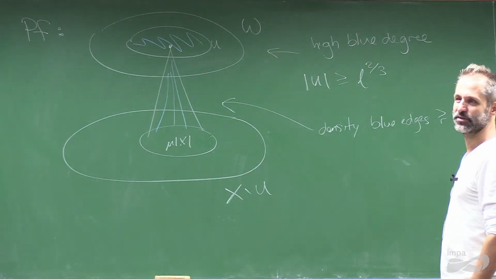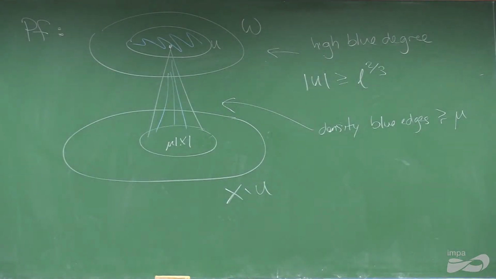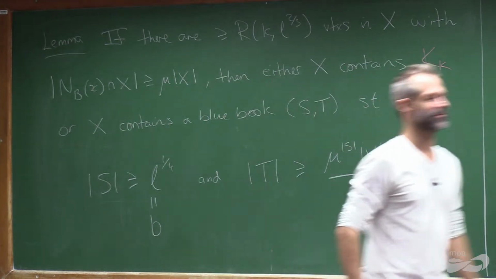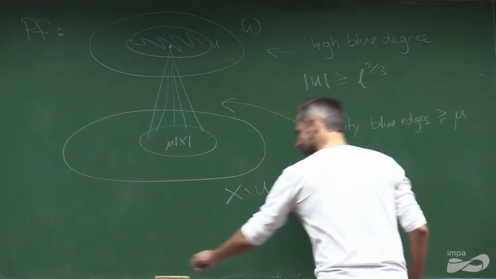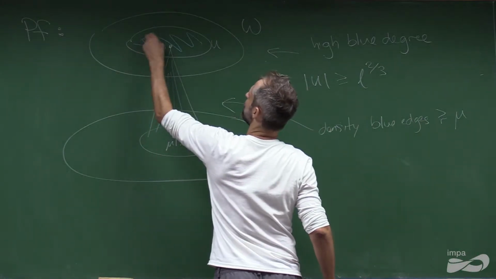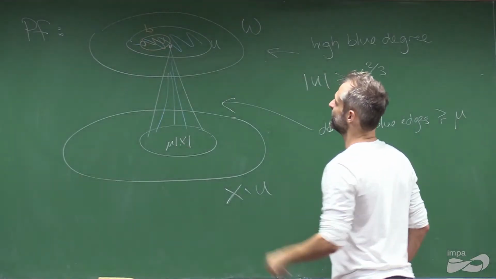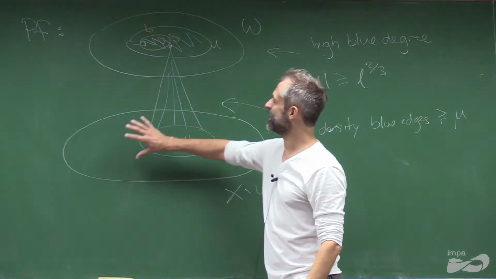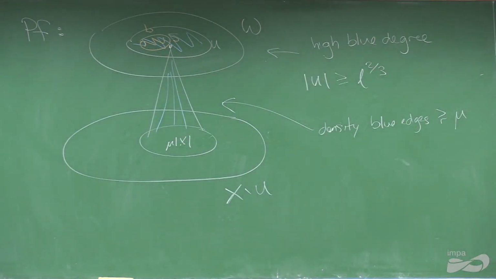So now what should we do? Let's call this number B. I want to find a set of B vertices inside here, which I'm going to call S, such that their common neighborhood down here is as big as you'd expect for a random set S of that size.